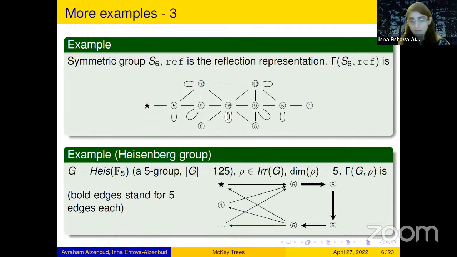So they are drawn in this picture where the multiple dots actually stand for the remaining one-dimensional representations. And so if we choose one of those irreducible 5-dimensional representations, the graph which we'll get is sort of a blown up square. So as you can see, it is both directed and it has a lot of multiplicities because the bold edges actually stand for 5 edges each.